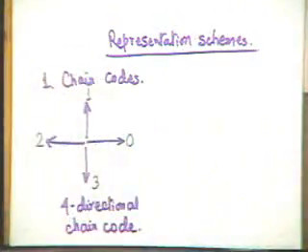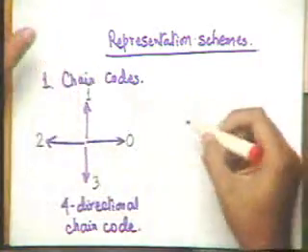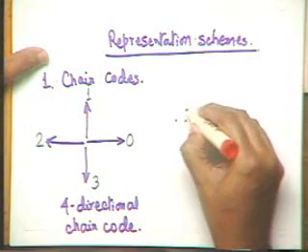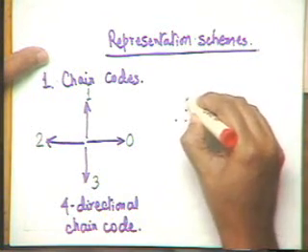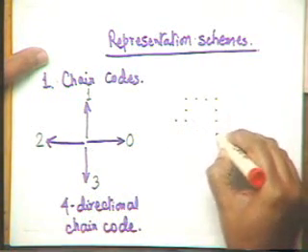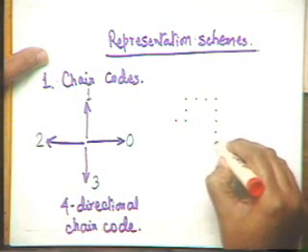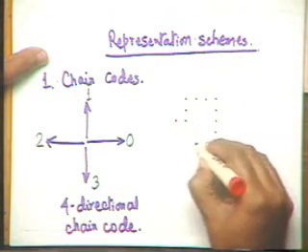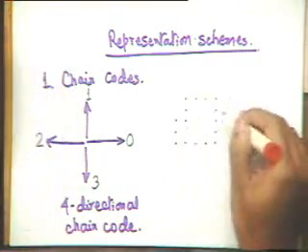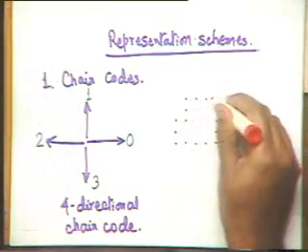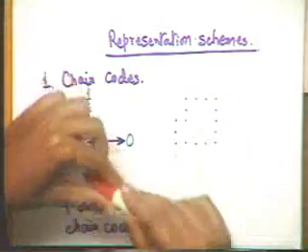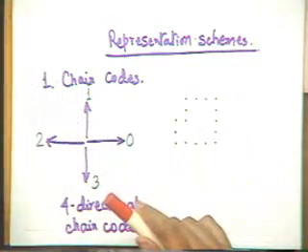Now this means when we have a boundary like this, say our boundary consists of a set of pixels like this. We have considered each one of the grid intersections over here as one of the boundary points, and let us choose any starting point.